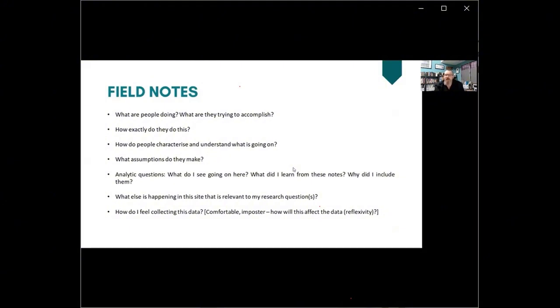We should also be asking what else is happening in this site that is relevant to my research question or questions. So it's not only looking at a particular preset of things that we're hoping to understand, but what other factors have an involvement, whether causal or not, in what's happening?